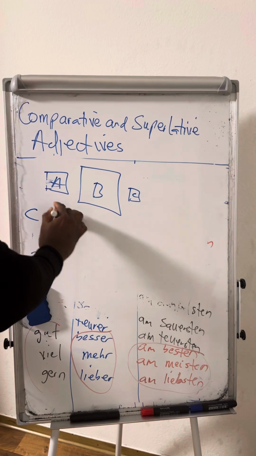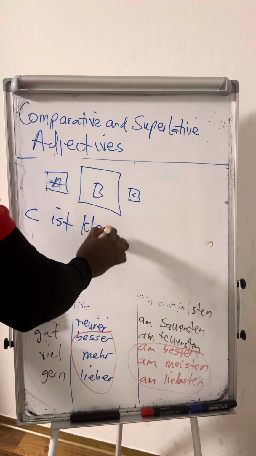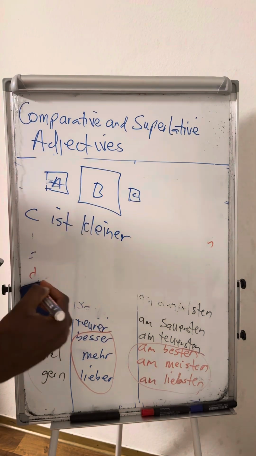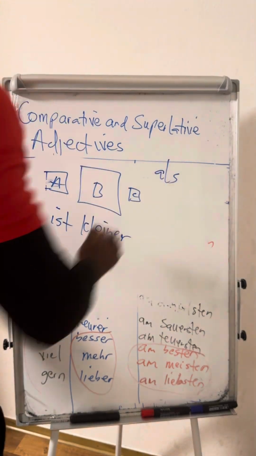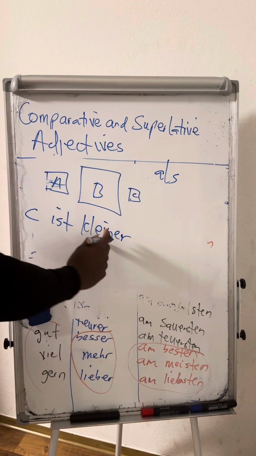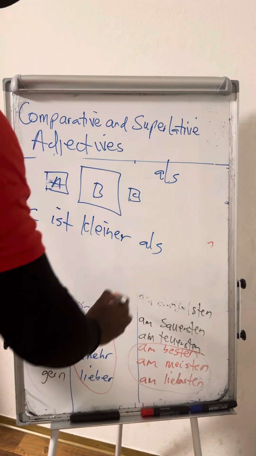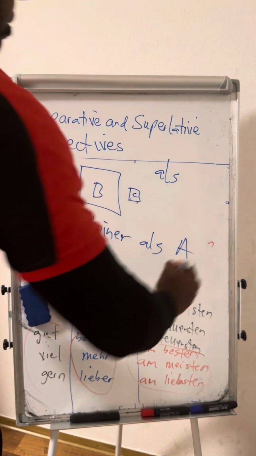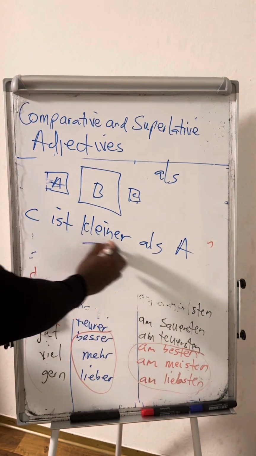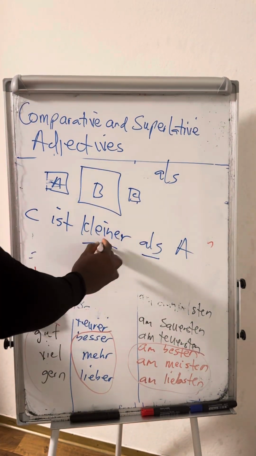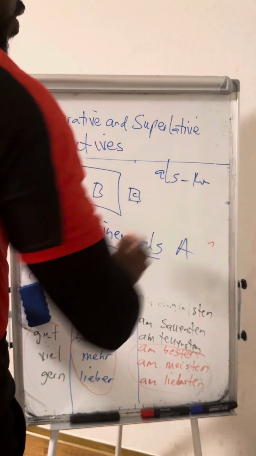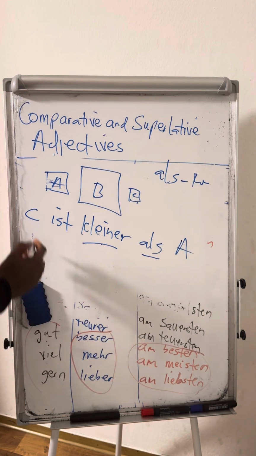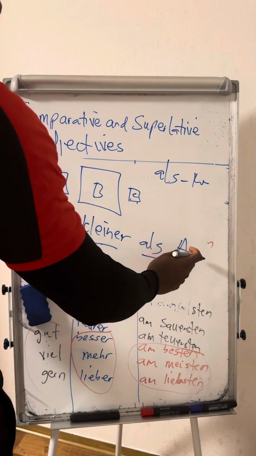What is small? Klein. So you are comparing, so smaller will be kleiner. Your than in German is als. So you now say C ist kleiner als A. So this is the formula. Smaller than. This is your than. When you are comparing, you make use of als.